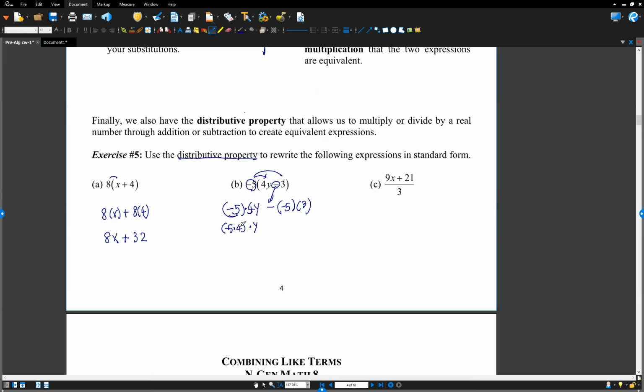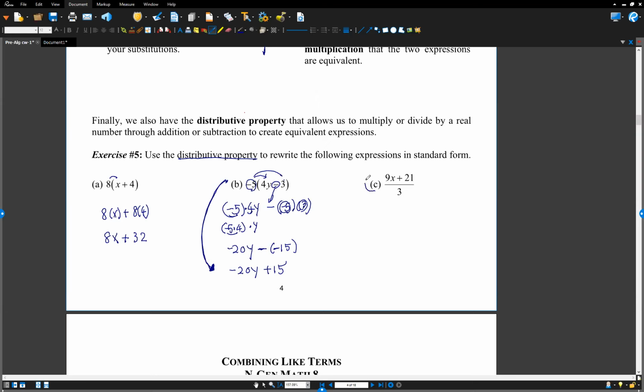Negative 5 times 4 is negative 20y. Minus negative 5 times 3 is negative 15. So we simplify, negative times negative is positive, we know that, right? Negative 20y plus 15 is fine. This is a little bit hard, but you are smart, you need to solve it this way.